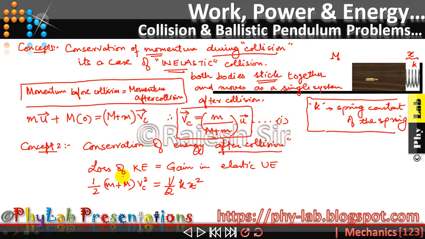The halves cancel, so the equation can be restated as (m plus capital M) vc squared equals k times x squared. This is my second expression, which is going to be useful in solving this numerical problem.